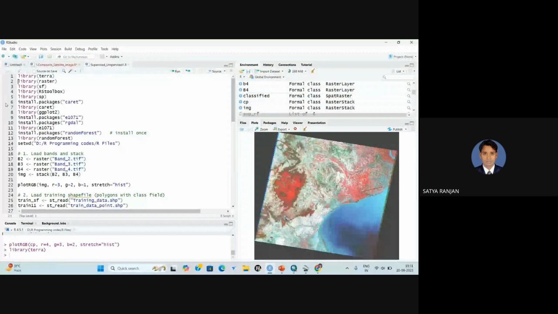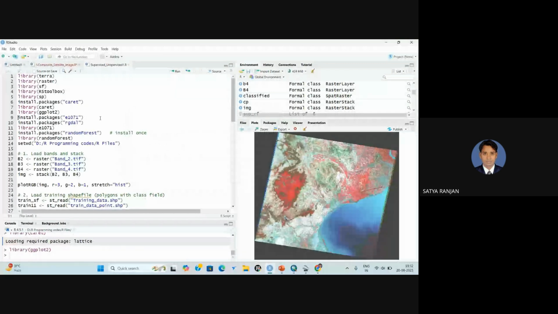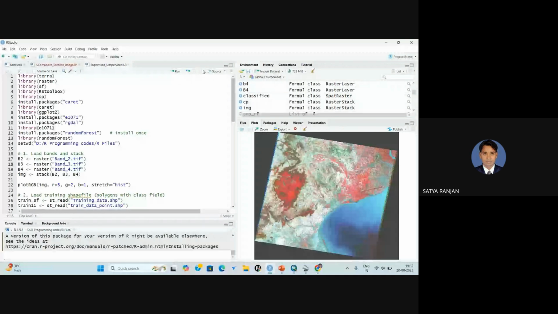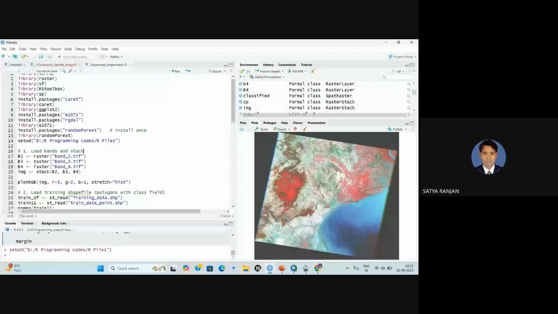The library sf raster is there. Now band 2, 3, 4, these are my bands in the Landsat 4 image.